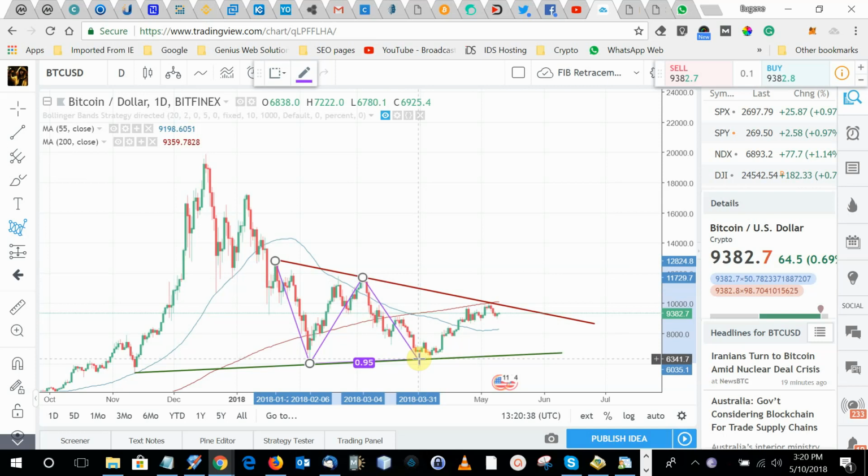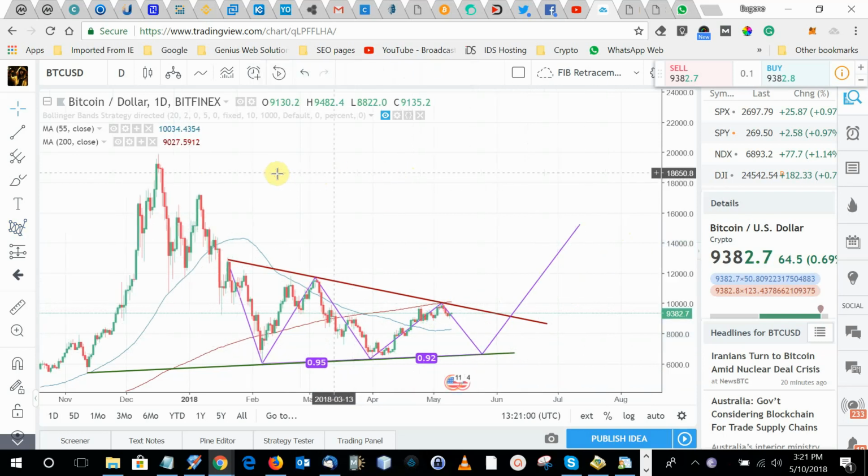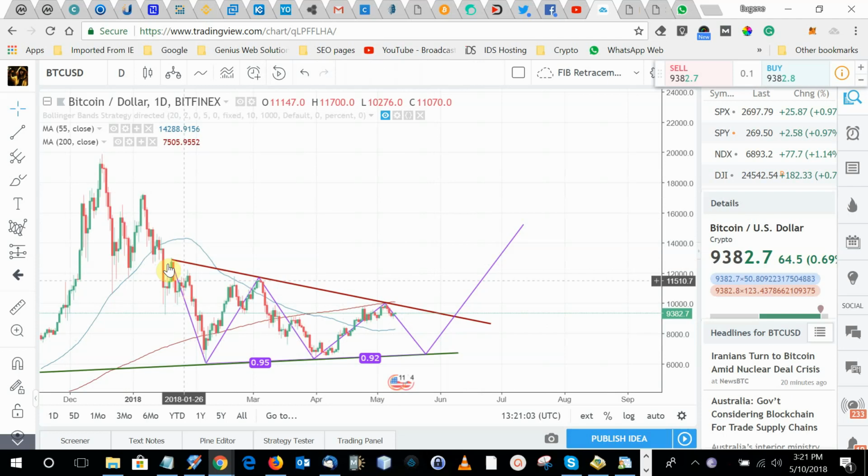I'm going to go to this line over here where it touches, and then to over there where it just about touches, and we're on the resistance line, which brings us down, and then this takes us to roughly about 15.2.